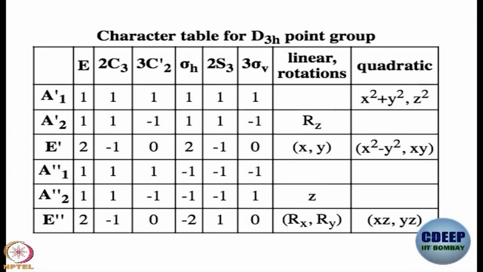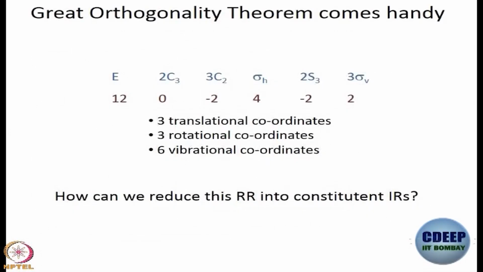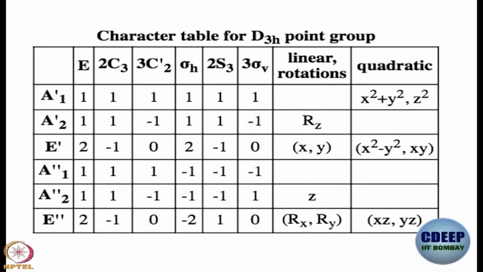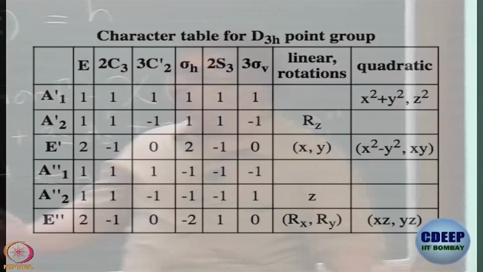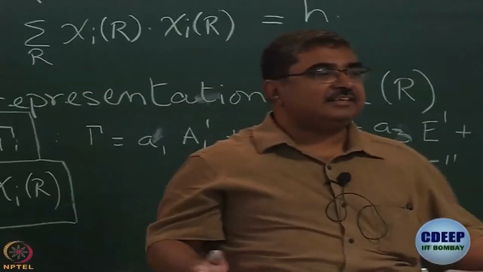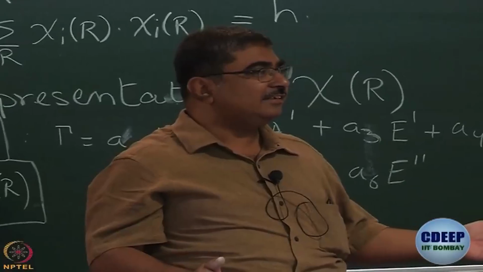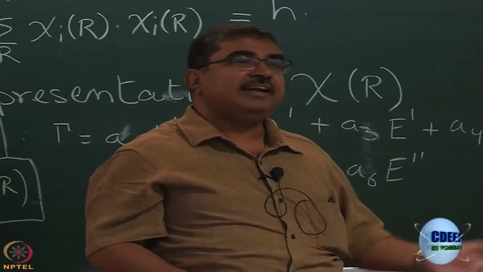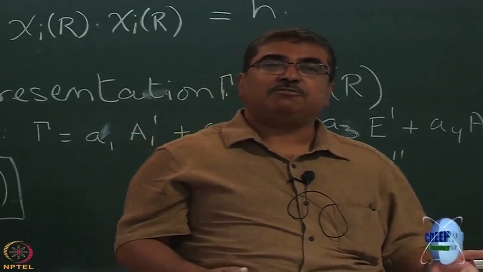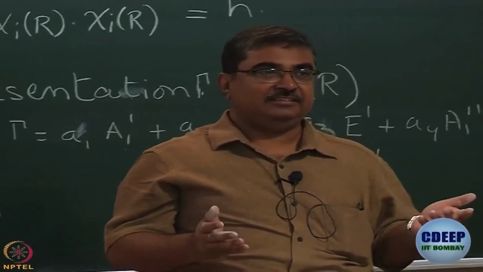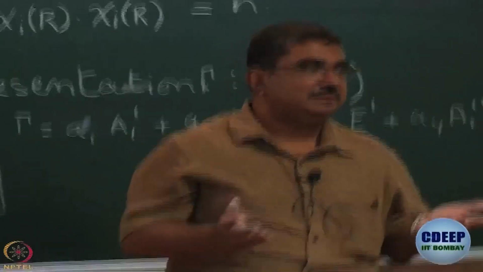So, now see, we already know the values of chi of R, right? 12 0 minus 2 4 minus 2 2, and if I look at the character table, I also know the values of all chi j R's, is that right? So, we can find out the values of Aj's for all j's, okay? You just have to work it out.